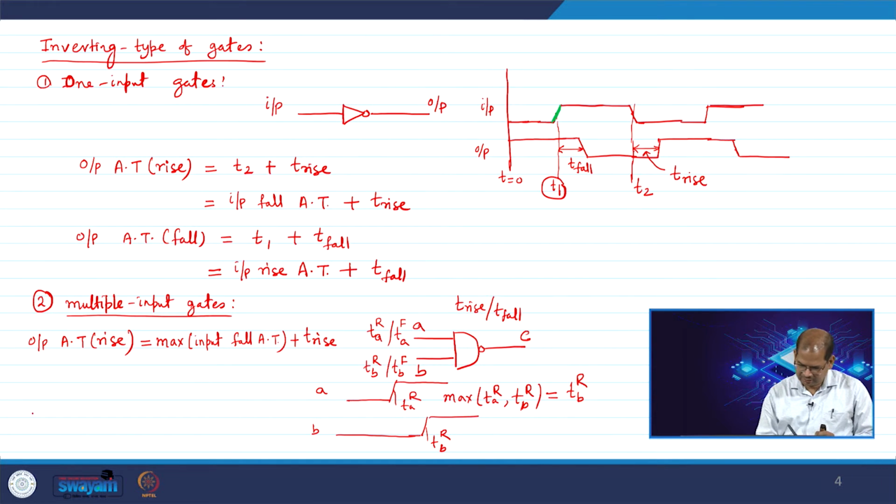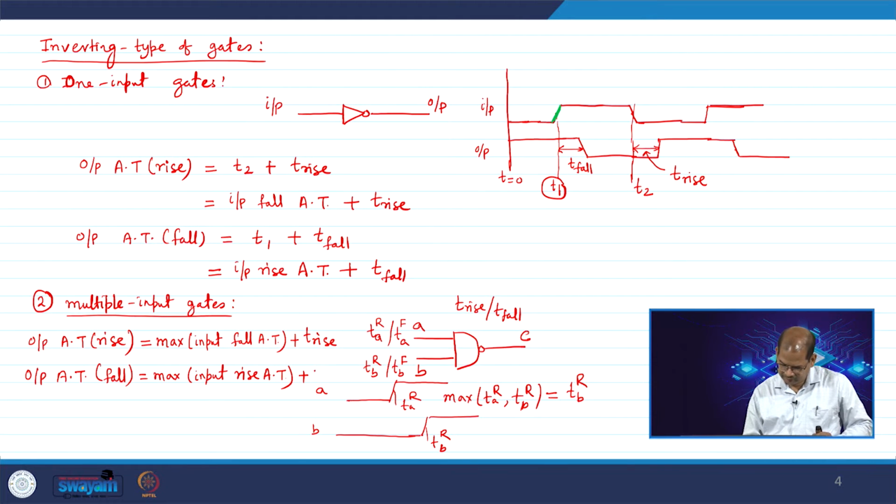Similarly, output arrival time fall is basically max of input rise arrival time plus T fall, correct. So, these are my actual equations.